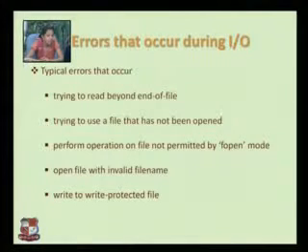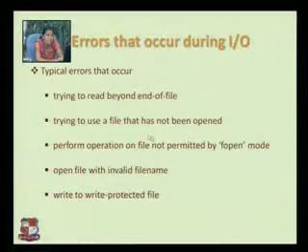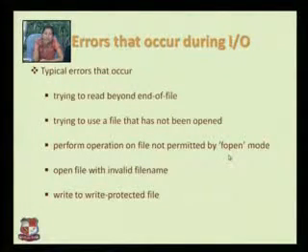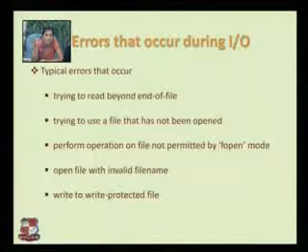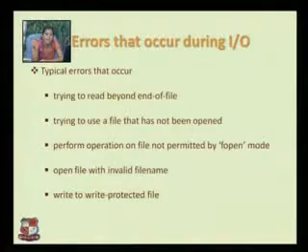Third, if you want to perform an operation such as writing into a file, but that operation is not permitted by fopen. Suppose you have opened the file in read mode and you are writing something to that file, it's an error. Performing an operation which is not permitted by fopen is an error.